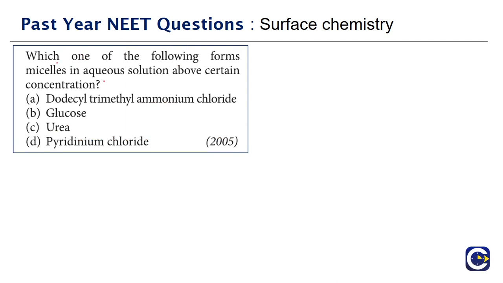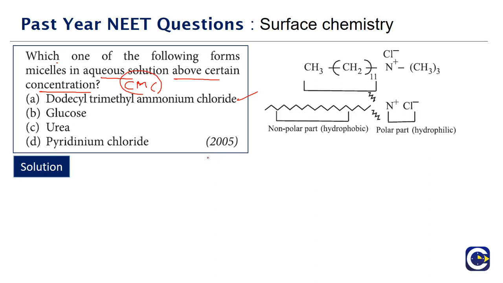Which one of the following forms micelles in aqueous solution above certain concentration? This concentration is what we call the critical micelle concentration. So the substance dodecyl trimethyl ammonium chloride will have both the non-polar part, which is the hydrophobic part, the organic part, and the polar part, which is the ionic part.